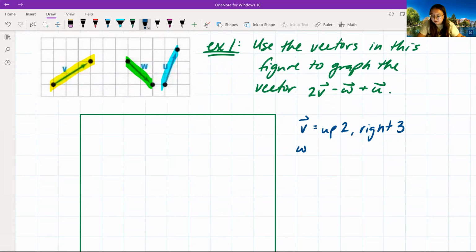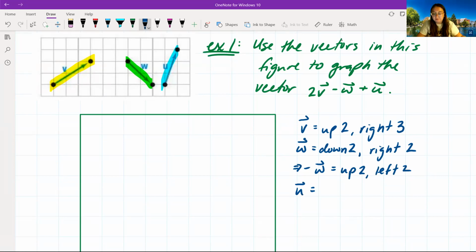Then w is going down 2 and also to the right 2. This means that if we take negative w, this would then be flipped. So it would now be up 2 and to the left 2.